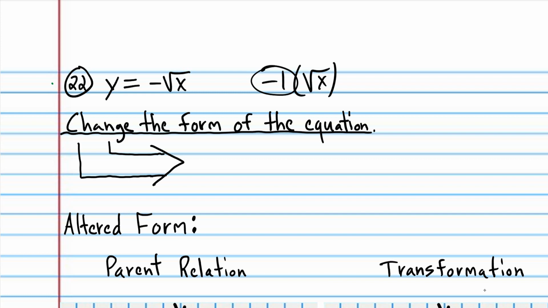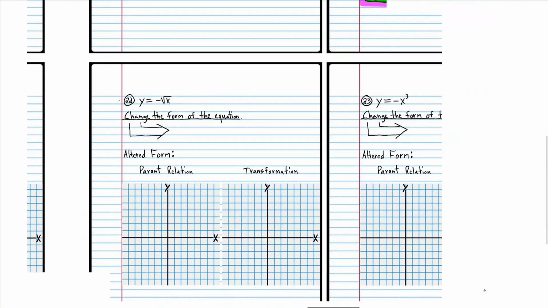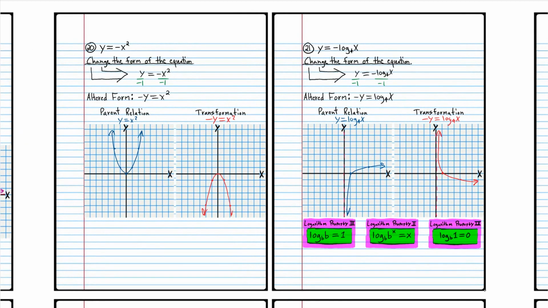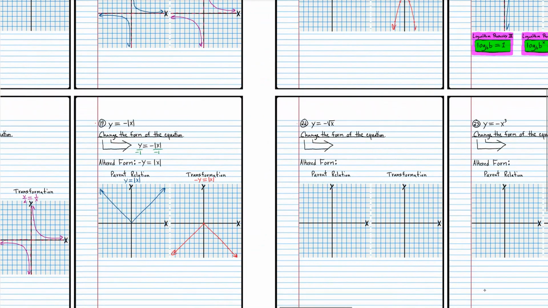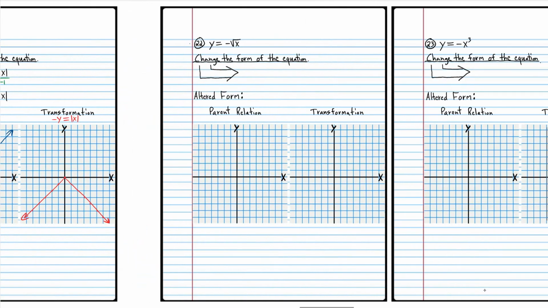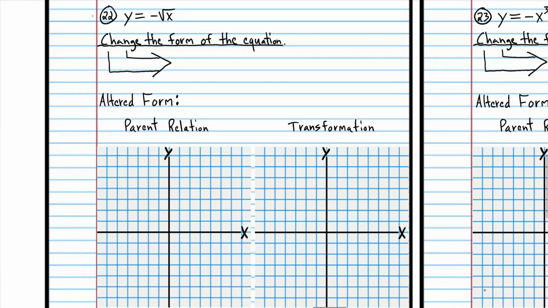So we need to get rid of that negative 1 or put it on the other side of the equation. So go ahead and try number 22. You can reference these problems if you want to, or this problem to help you. So try 22. When you come back, we'll do it together.